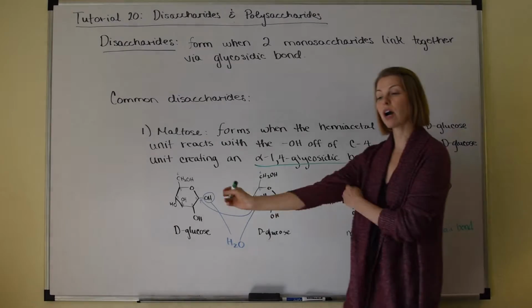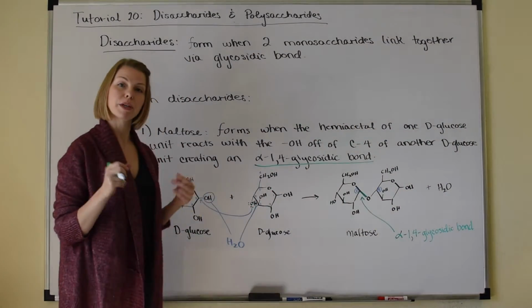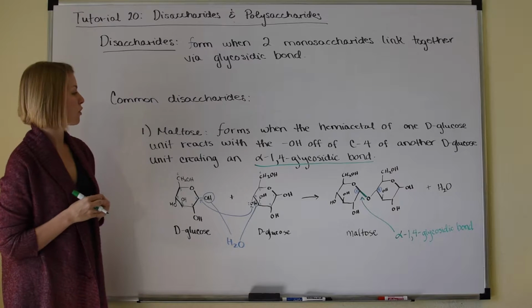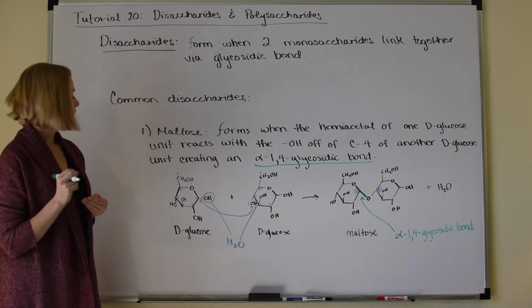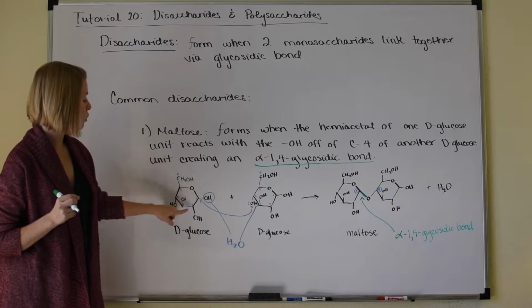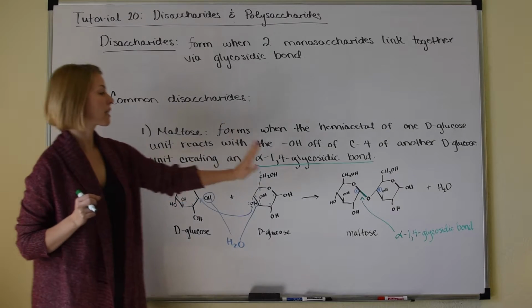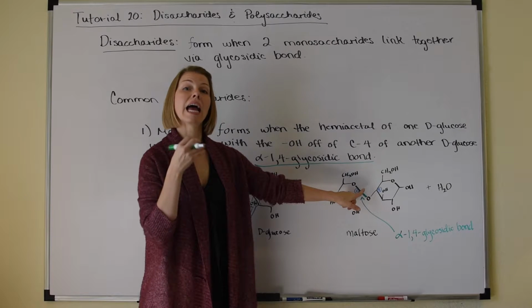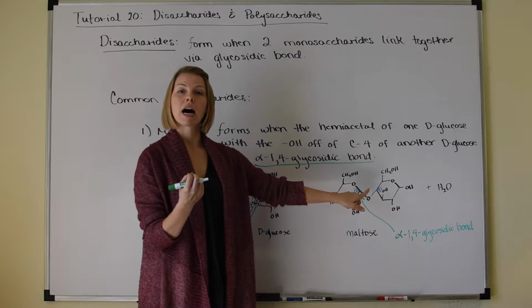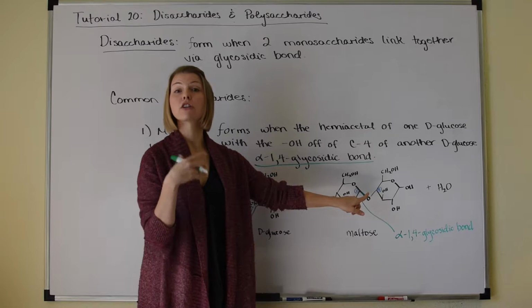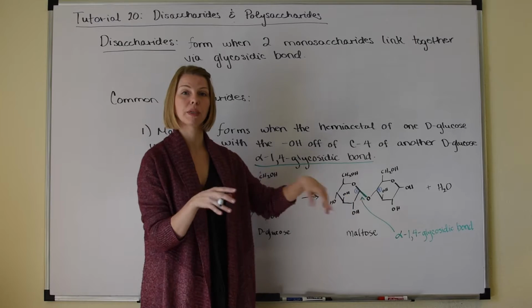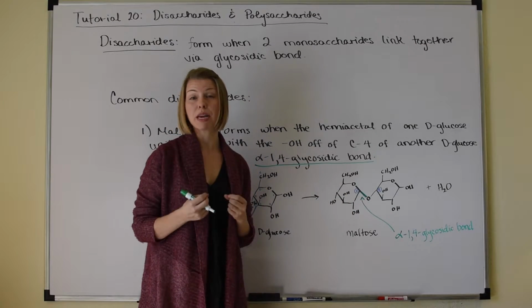Okay, so a couple more things about maltose before we go on and talk about our other two more common disaccharides. Notice that the hemiacetal in the first glucose unit reacted and now is tied up in the acetal. The acetal cannot undergo mutarotation. Okay, so you would not expect this to be switching between the alpha and the beta form.